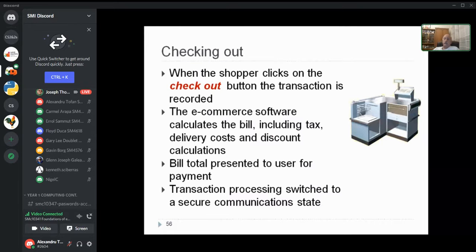It will present the bill total for payment, and then the user will choose the payment method. While the payment is being done, the transaction processing will switch to a secure communication state. You will notice either a padlock on your status bar at the bottom, or the HTTP will turn into HTTPS, which means that it is a secure site.